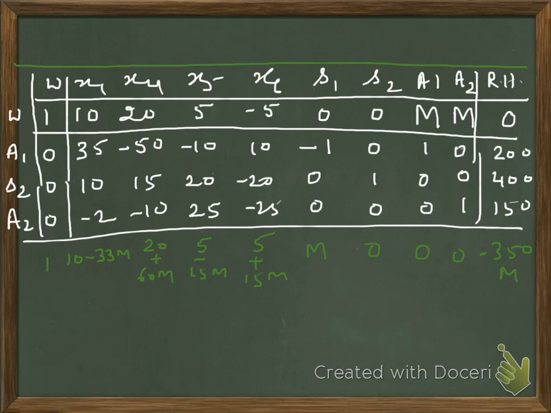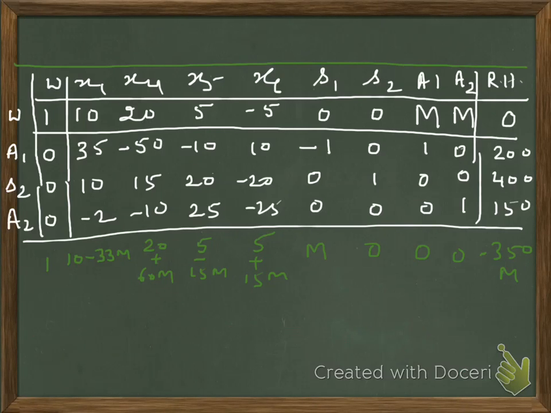So just replace the W line by this line. Instead of 1, 10, 10, 25, minus 5, 0, 0, m, 0, we will be putting 1, 10 minus 33m, 20 plus 60m, and this way it is now our initial basic feasible solution table.